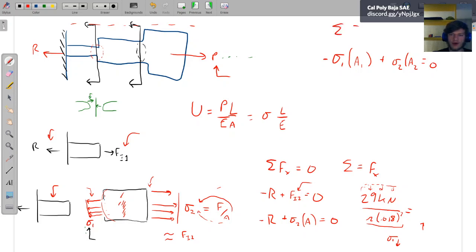That comes from our statics equilibrium equation here. This is exactly the same thing as our internal force, Fi1. And this is exactly the same thing as our internal force here, Fi2. We're just reducing it to make our math easier. Fi1 equals Fi2.